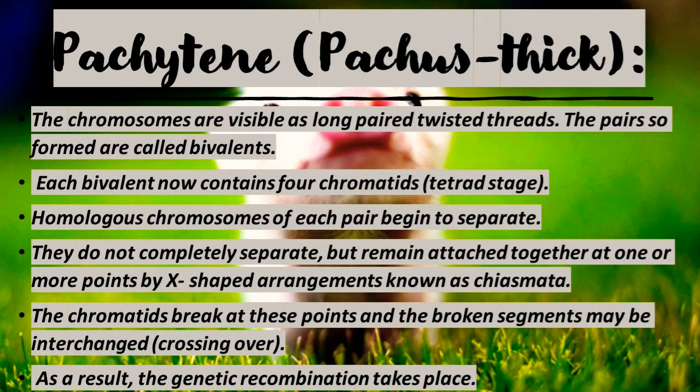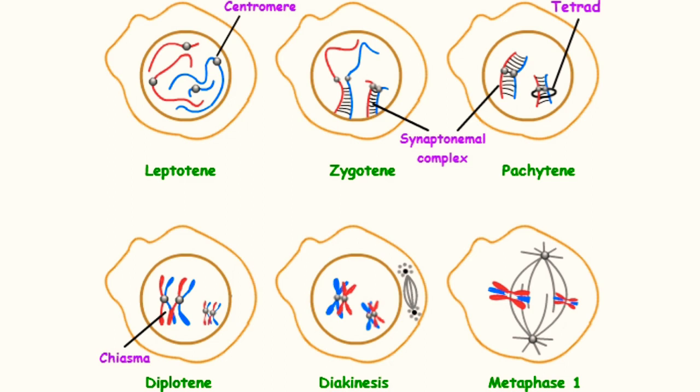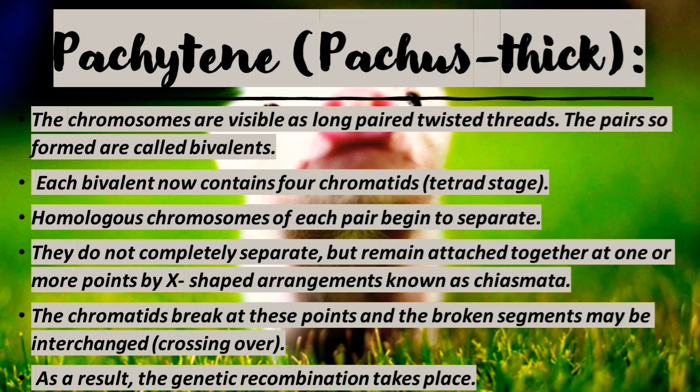They do not completely separate, but remain attached together at one or more points by X-shaped arrangement known as chiasmata. So what is chiasmata? The homologous chromosomes do not completely separate but remain attached together at one or more points by X-shaped arrangement. This is called chiasmata.